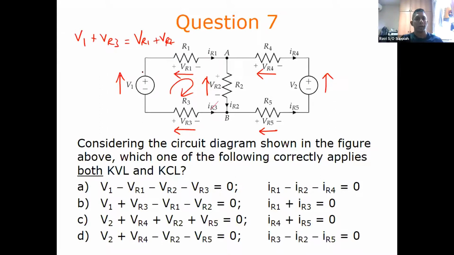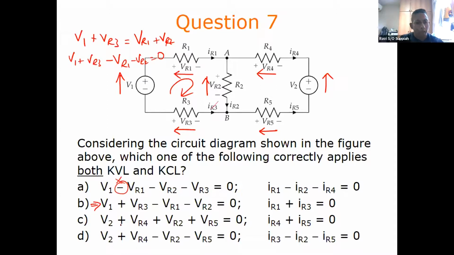By rewriting it, you get V1 plus VR3 minus VR1 minus VR2 equals 0, and that corresponds to this one over here. Now the first option is wrong, because this one is wrong here.